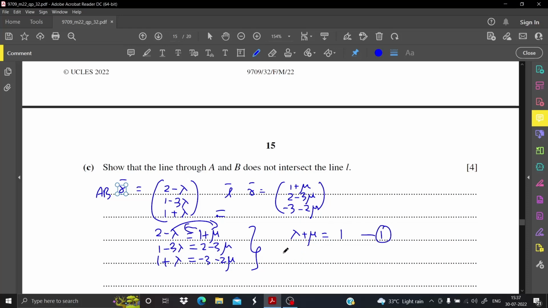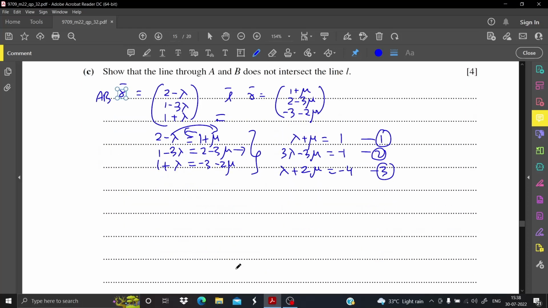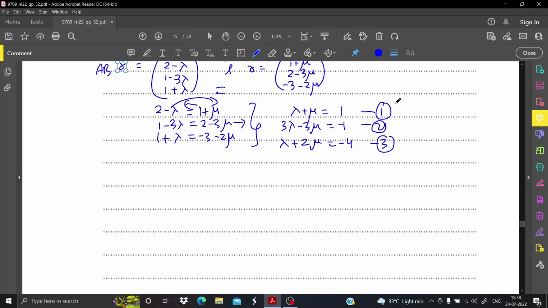And from this, you get 3 lambda minus 3 mu is minus 1. And then you have lambda plus 2 mu equals minus 4. This is equation 3. So consider the first two equations.